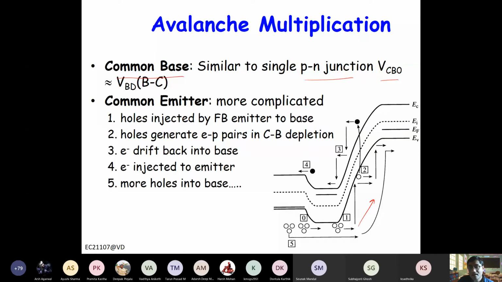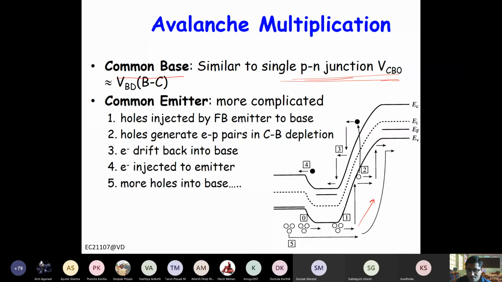These holes are basically more holes coming from base to collector. That means if you require a very high multiplication factor for common base, here you don't require a very high one; it will break down even at a smaller multiplication factor.